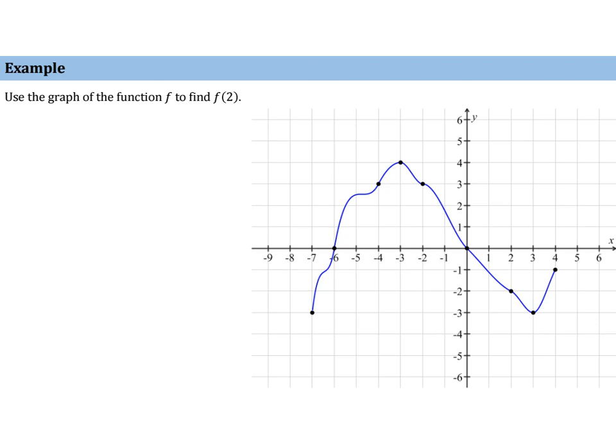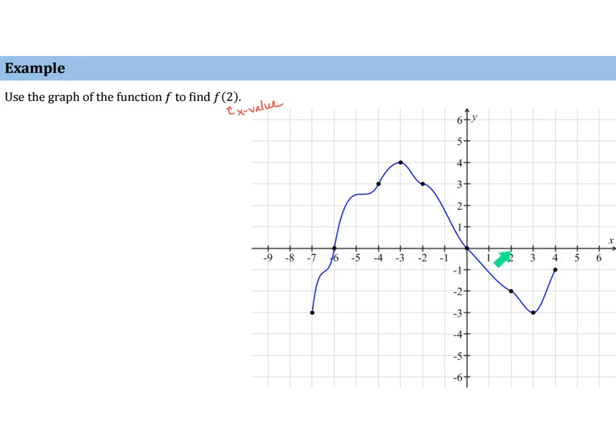So here we have a graph of our function f, and we want to find f of 2. Notice, since we're finding f of 2, 2 is an x value. So we find 2 on the x-axis and we see what the y value is.